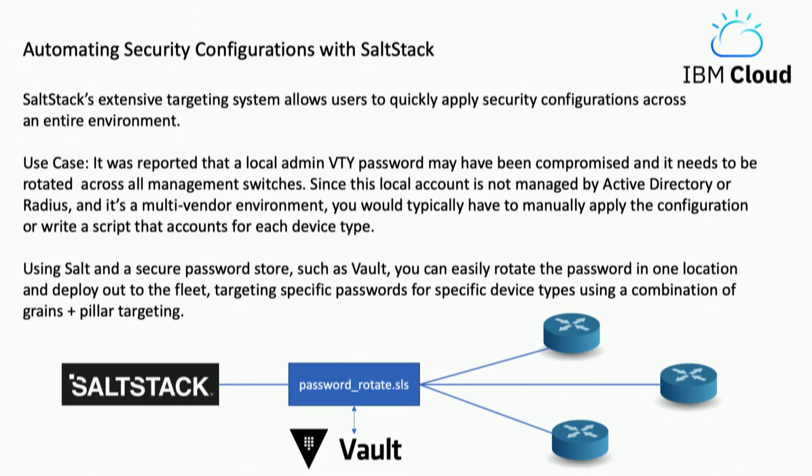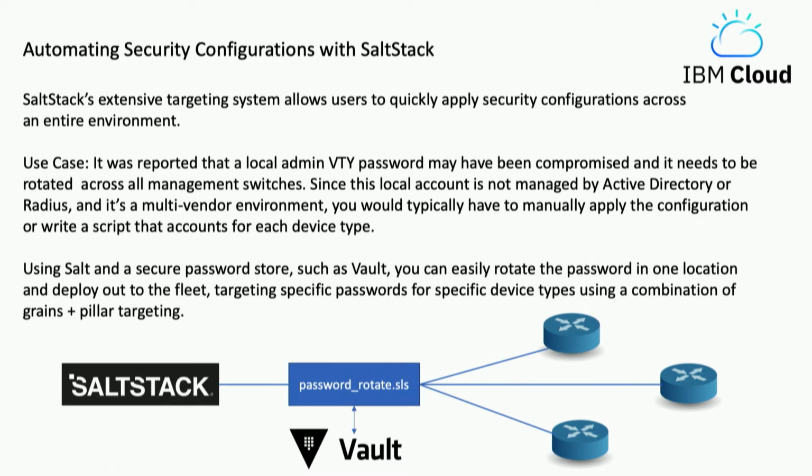So the main problem with this is that with Active Directory, you change it once and it replicates out and you're fine. But when you have 80,000 devices and the local password has to be set locally on the device, that presents a challenge. You can do some scripting and things like that, but it requires you to account for all your vendor types, all your operating system types, all the different command sets required to change that.